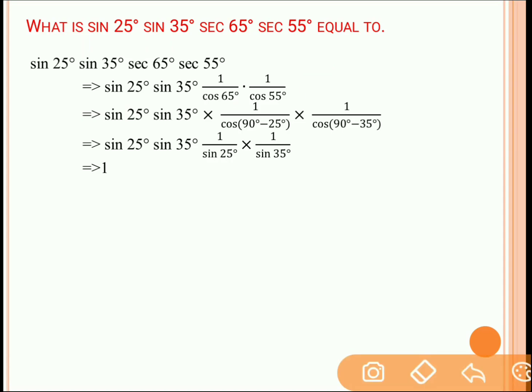Now, cos 65 can be written as cos (90 minus 25), and cos (90 minus 25) is sin 25. Similarly, cos 55 can be written as cos (90 minus 35), which is sin 35. Now sin 25 will get cancelled and sin 35 will also get cancelled, and the answer you will get is 1.